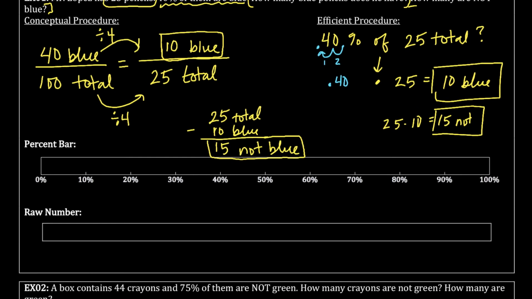Let's go ahead and show this on a percent bar. We know that 40% were blue.